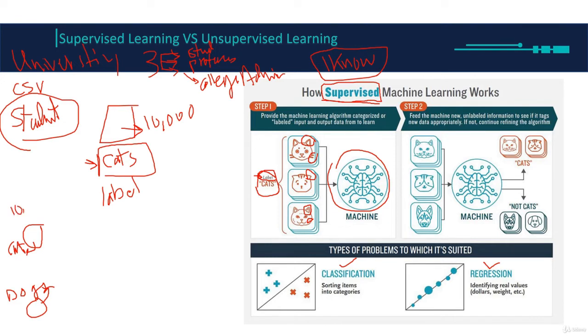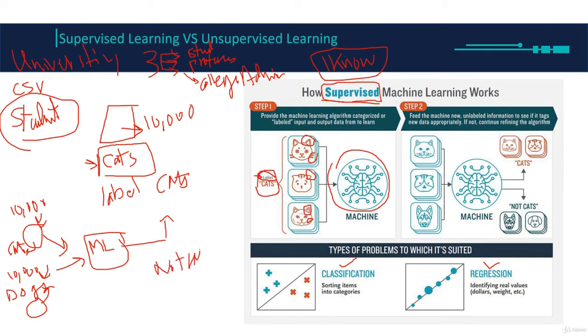I have 10,000 images of cats and 10,000 images of dogs, and I give these to a machine learning algorithm. At the end, the machine learning is going to tell me which images are cats and which are not cats, which means dogs, because the only other images I have are either cats or dogs. So you have 10,000 images of both categories, cats and dogs.